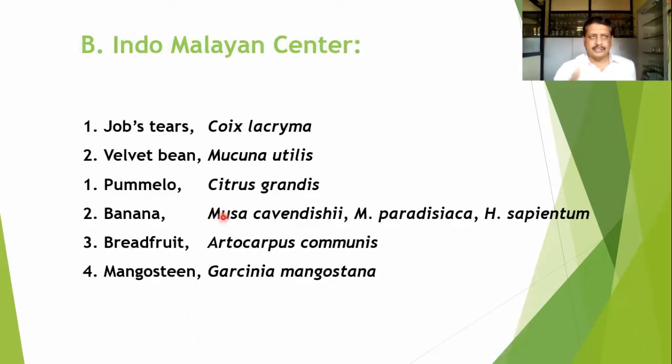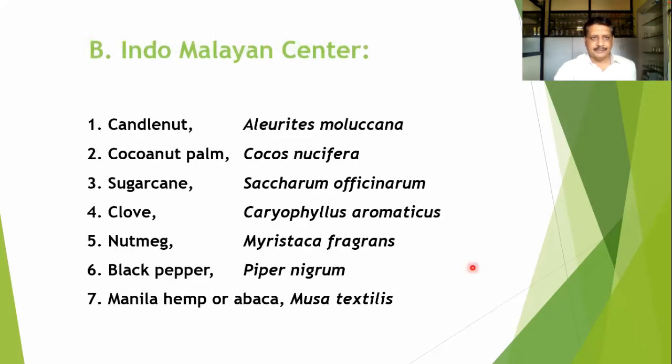Some of the common and important plants are Job's tears, Coix lacryma, then Mucuna utilis, Citrus grandis, banana plant, that is the Musa species. Musa paradisiaca is the common banana that we eat. Musa sapientum is the wild variety of those. Then Artocarpus communis, then Garcinia mangostana. So these originated from the Indo-Malayan Center.